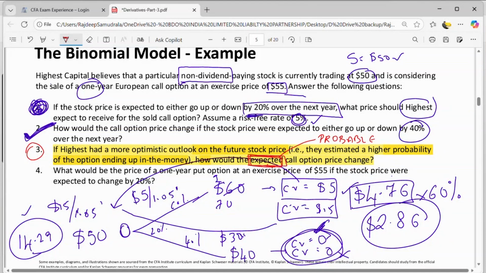It's very obvious that when the certainty is higher, the value will be higher. If you feel the stock will surely go up, for example, when the elections happen in India, the value of the options became very jittery.